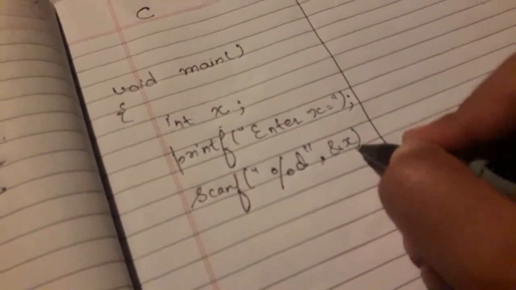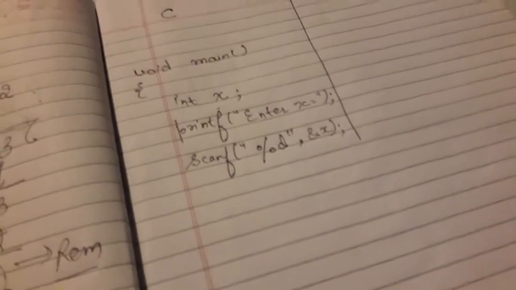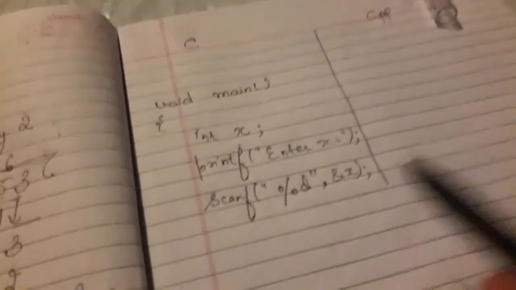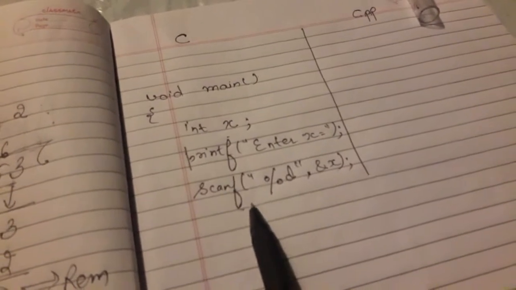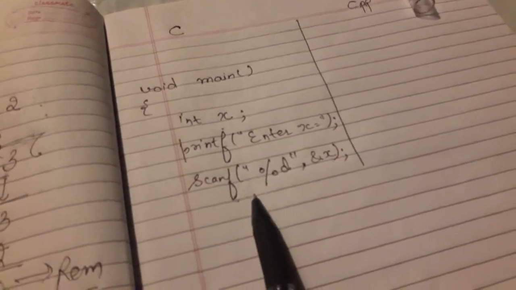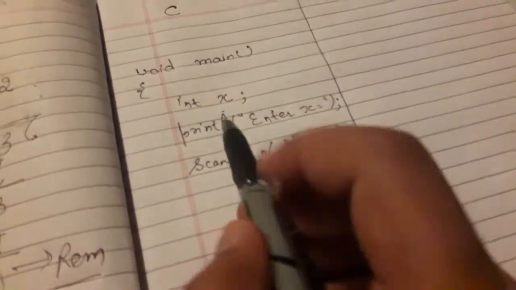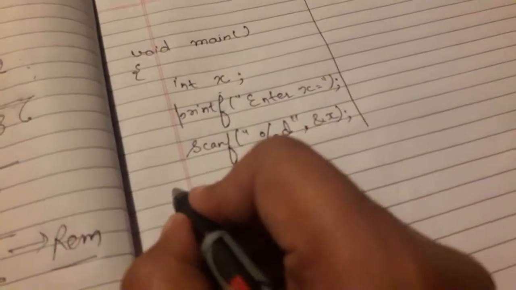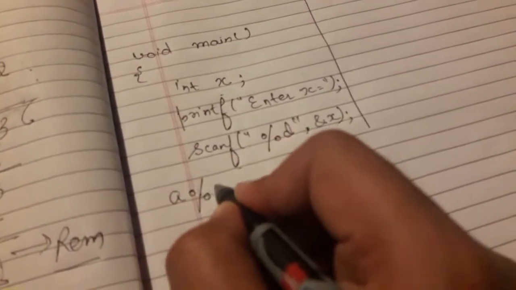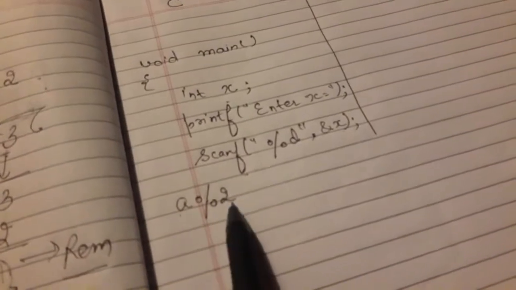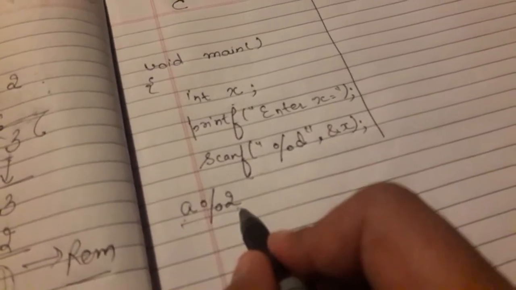Address of x. If you are new here and you want to know why we are using the address of operator with the x in scanf, then please go and watch the previous videos. Now how do we get the remainder?